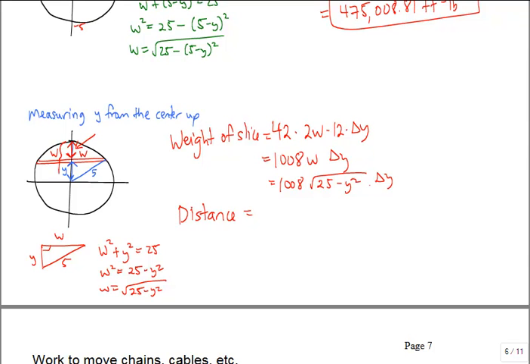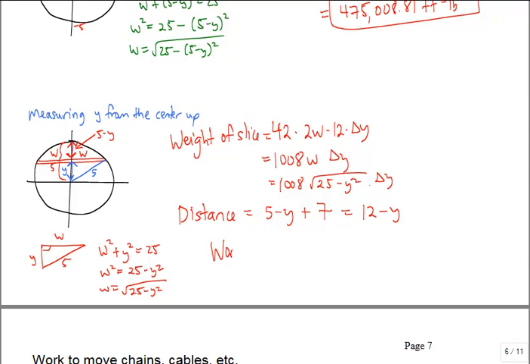Well, if this entire radius is 5, then this would be 5 minus y. So the red slice needs to go a distance of 5 minus y units just to get up to the top of the tank, plus that additional 7 units to go to ground level, plus up to the top of the gas pump. So this gives me a new distance function, which is actually going to be 12 minus y. So by reorienting where we position that y from, you get a simpler square root, but you get a slightly different distance function as well.